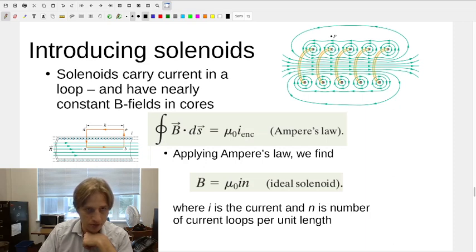Outside, we're saying there's zero magnetic field, so the top part of the path has zero contribution. The only part of the path that does contribute is this bottom element.